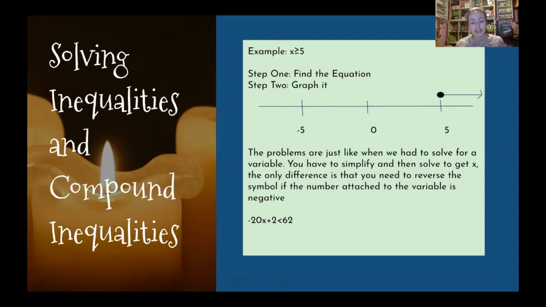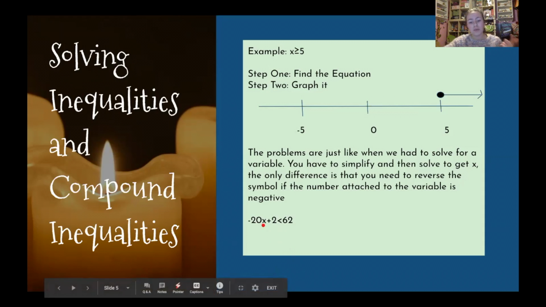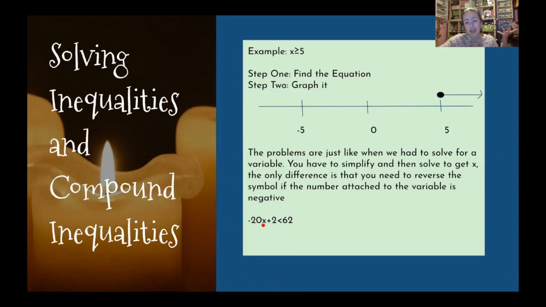That would be 60, so then -20x is less than 60. Now we have to divide by -20. Because it is a negative 20 that we're dividing x by, we change the symbol to the opposite. So the answer would be x is greater than -3.